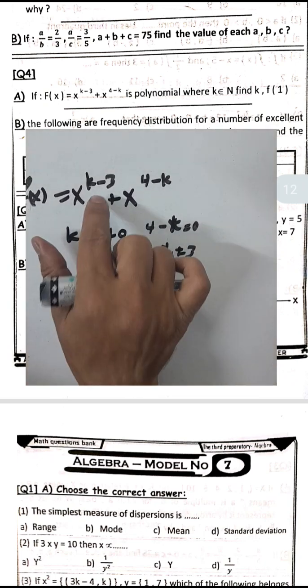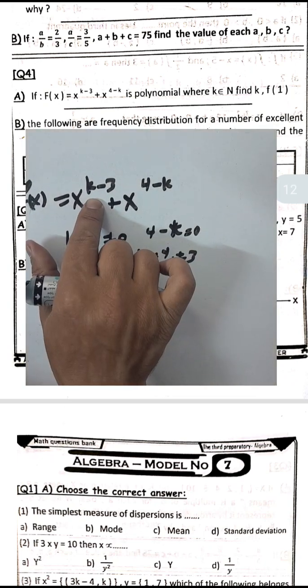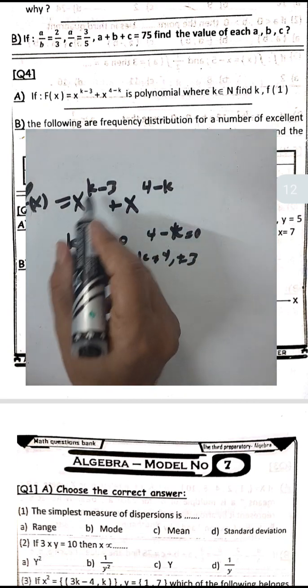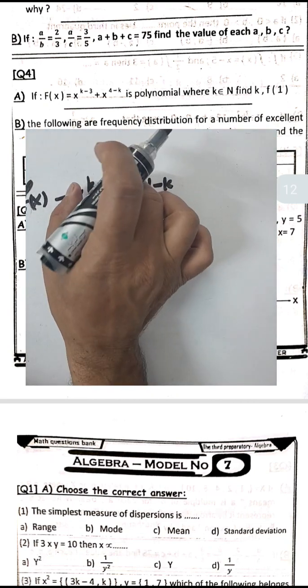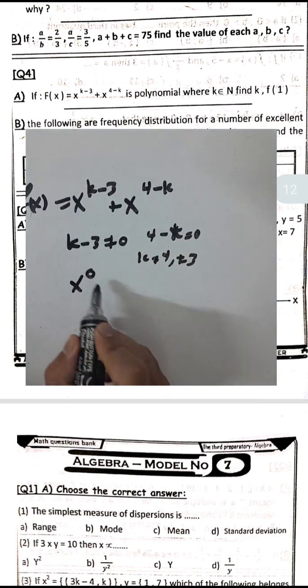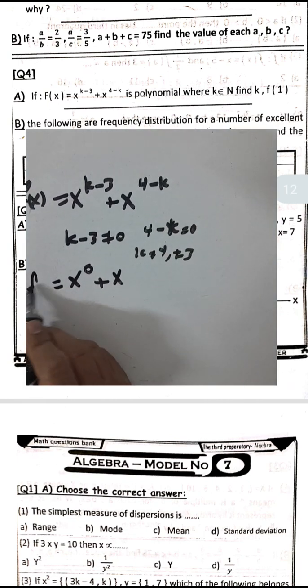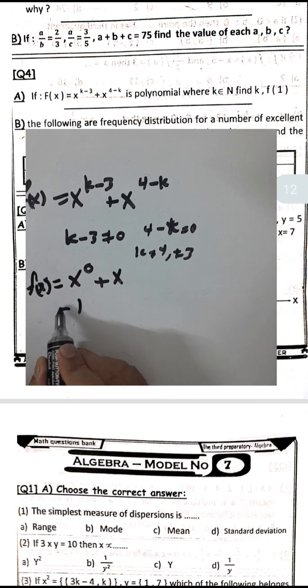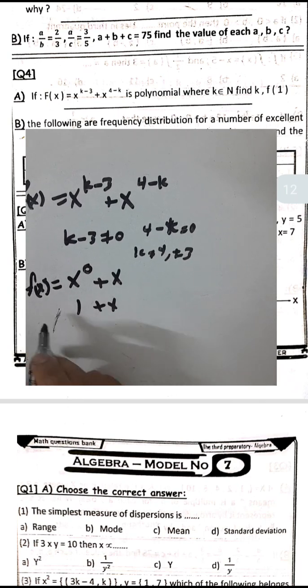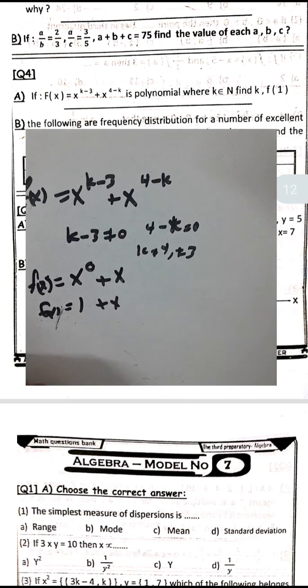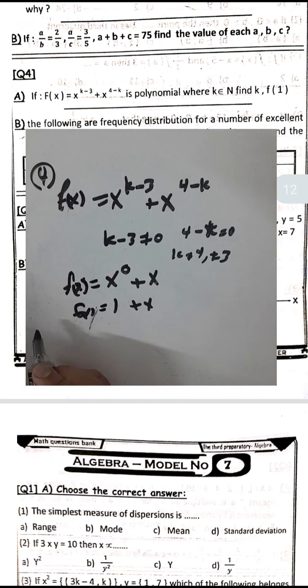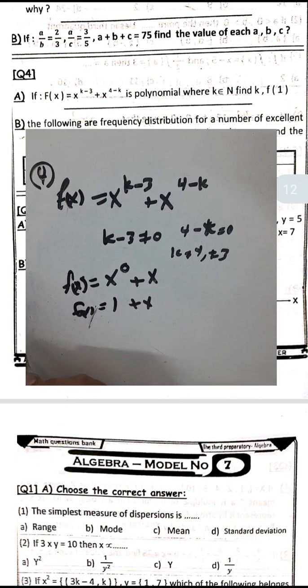But if we put 3 in this example, then the result will be x power 0, that is 1, and 4 minus 3 equals 1, it will be x. Then the result will be 1 plus x. They ask us for f of 1.